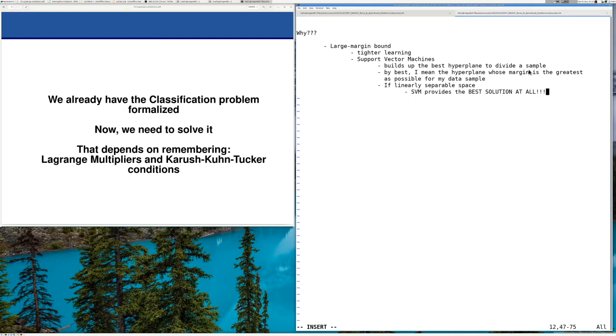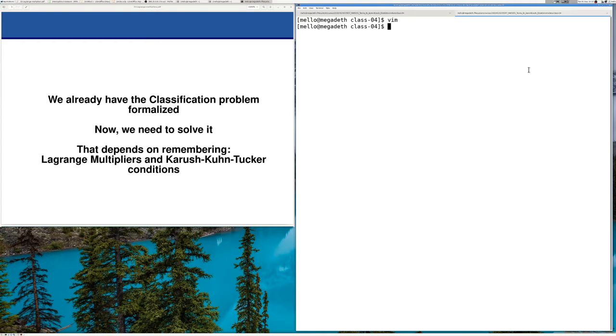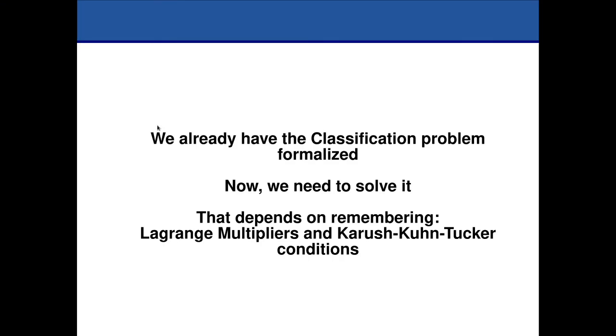That's quite important. So again, when we talk about support vector machines, we are looking for the best algorithm we can find. Of course, that depends on the space, and that requires space transformations or kernelizations.